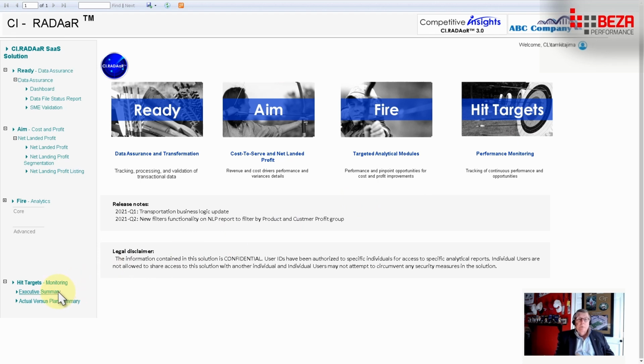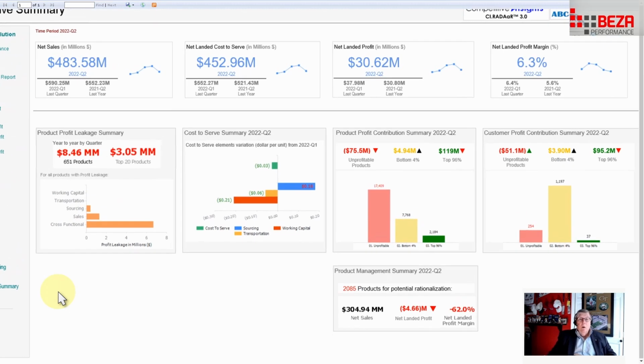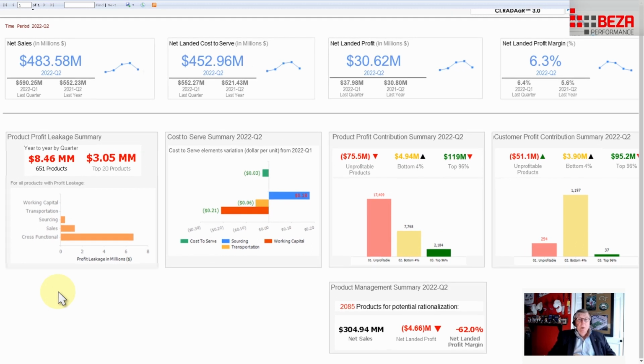We're doing the hit targets module, and we're going to start off with a summary of how well things are going. Just for orientation, you can see that each of the top blocks on the screen are measuring the performance of this last quarter, but they're also comparing it to the previous quarter and a quarter a year ago. So we want to be able to say, how is this trending, if you will?